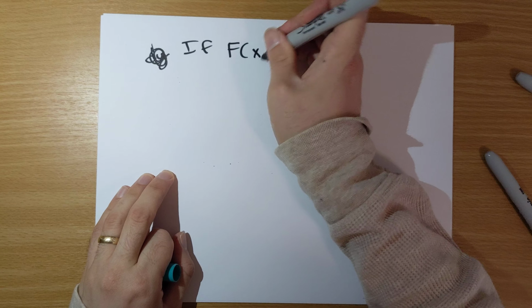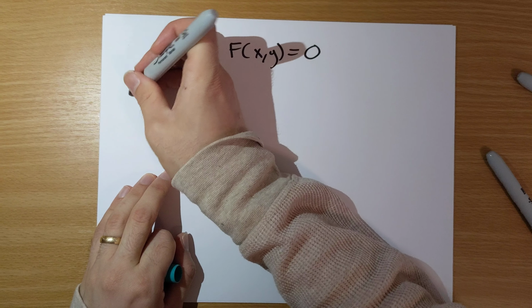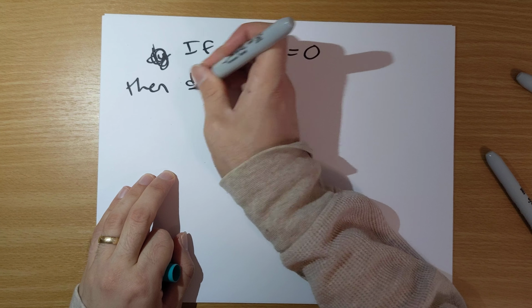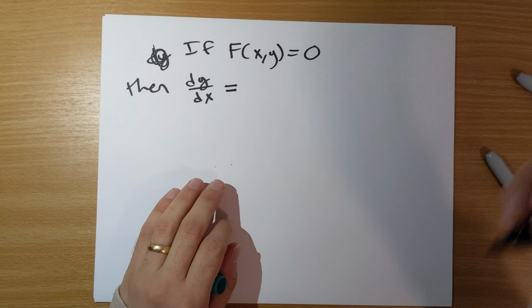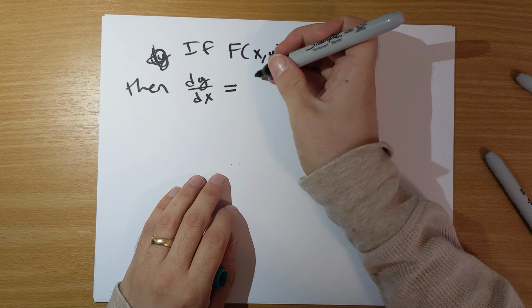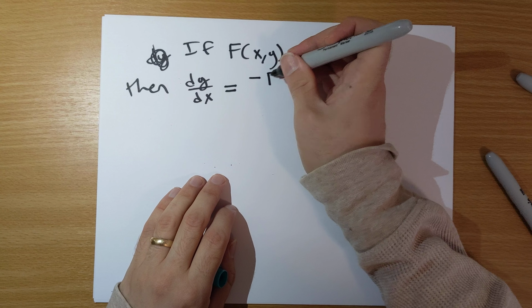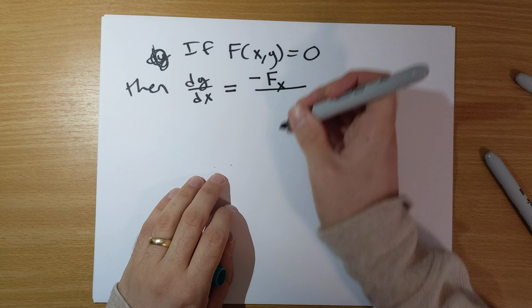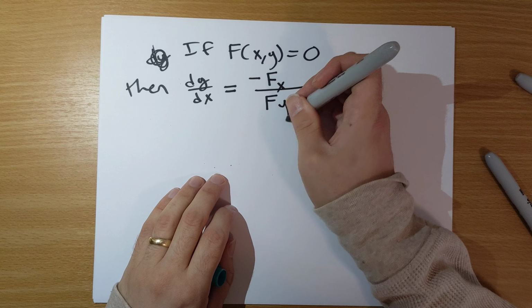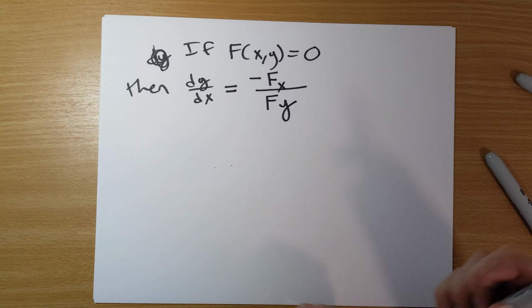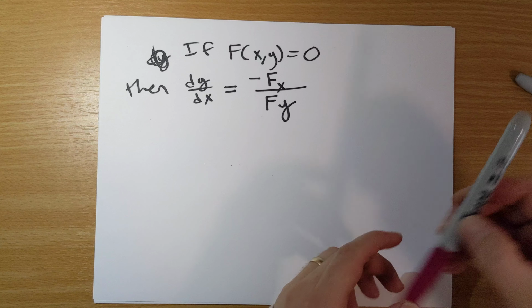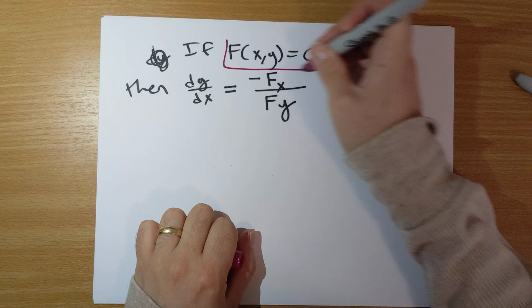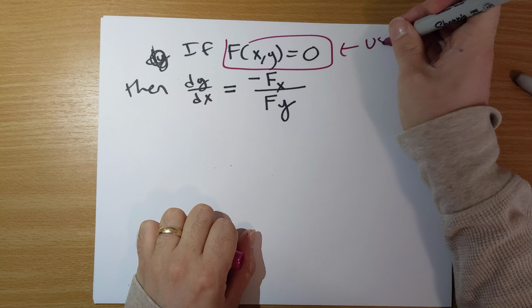If f of x y is equal to 0, then dy dx is equal to negative the x partial derivative divided by the y partial derivative. Now, how do we come up with this? What we're going to do is use the chain rule.